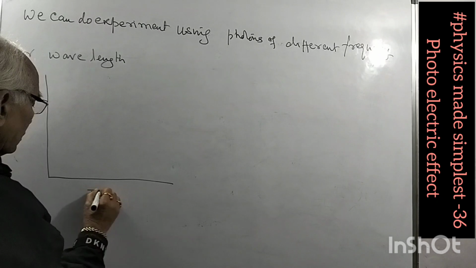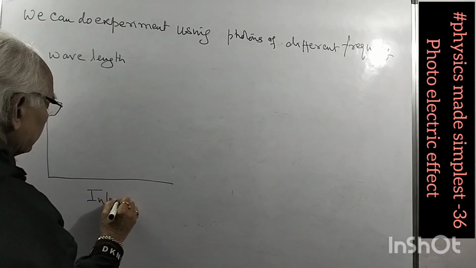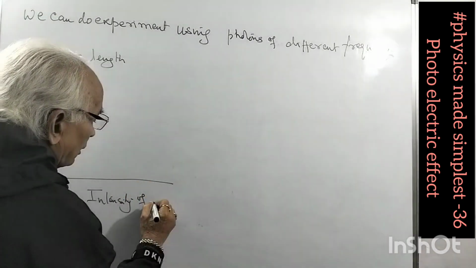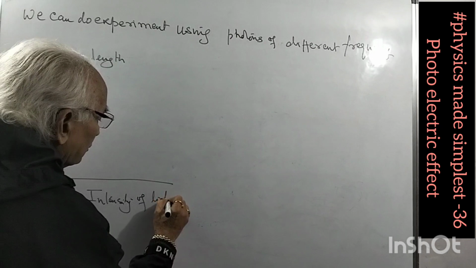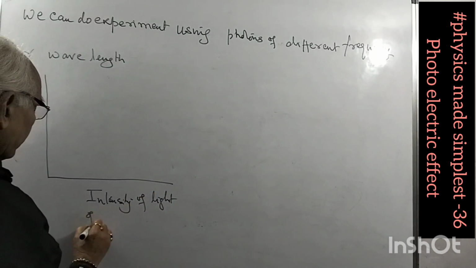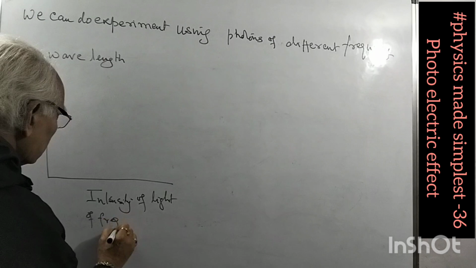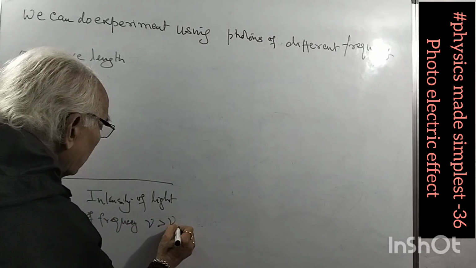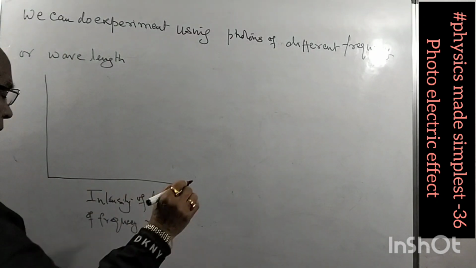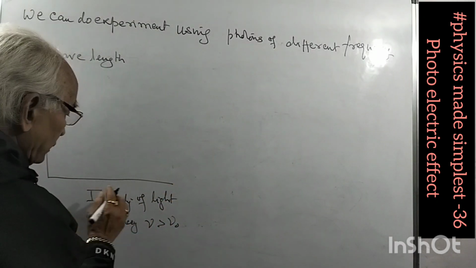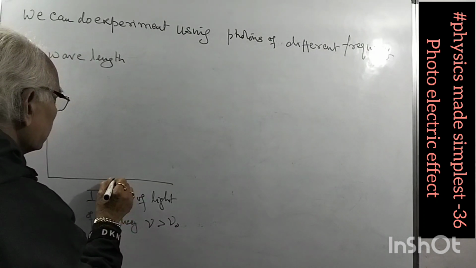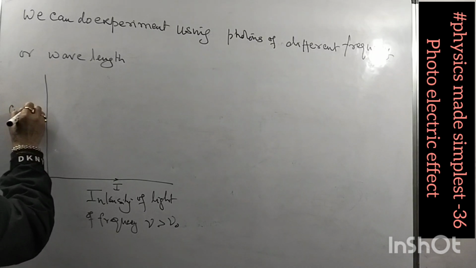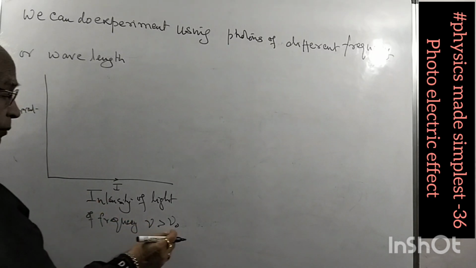On this side, the intensity of light of frequency nu more than nu naught, above threshold. It is observed that as you increase the intensity I on this side, on this side you measure current. The frequency must be more than nu naught.